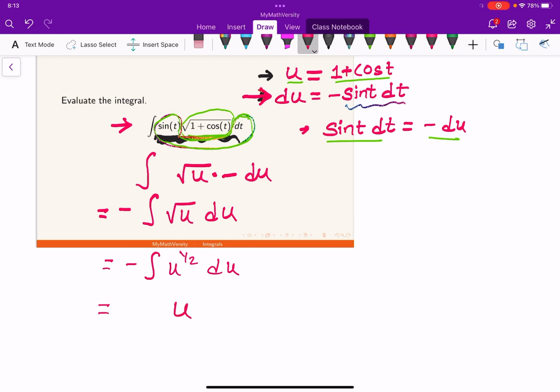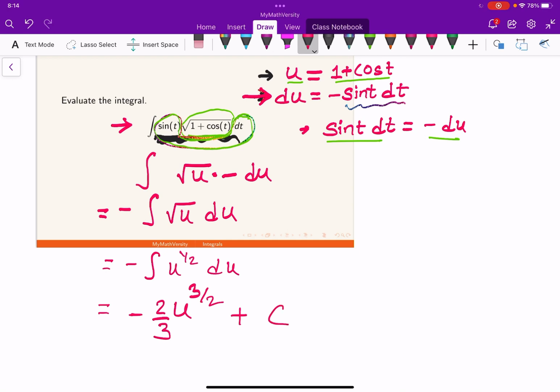The power becomes 1/2 plus 1, which is 3/2, and we multiply by the reciprocal of that, which is 2/3. That is the antiderivative of u to the power 1/2, and we carry along the negative sign, plus c. So this is the integral, right?